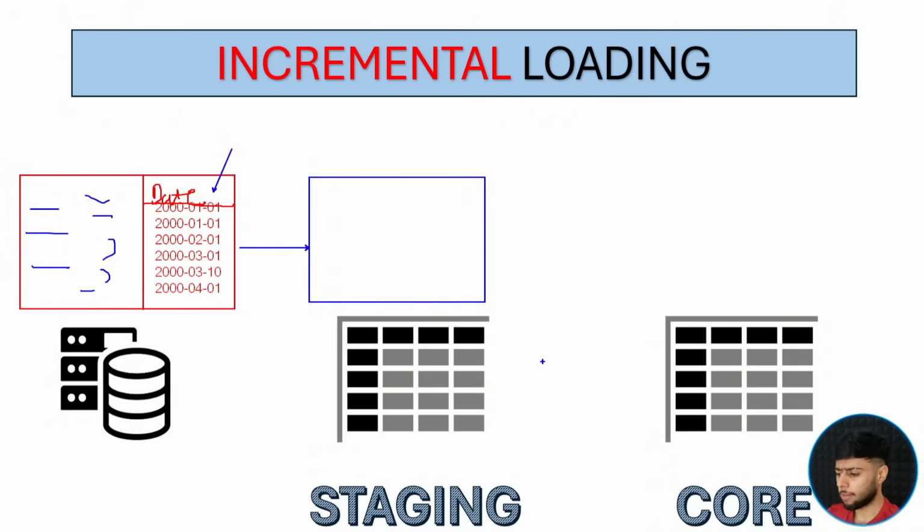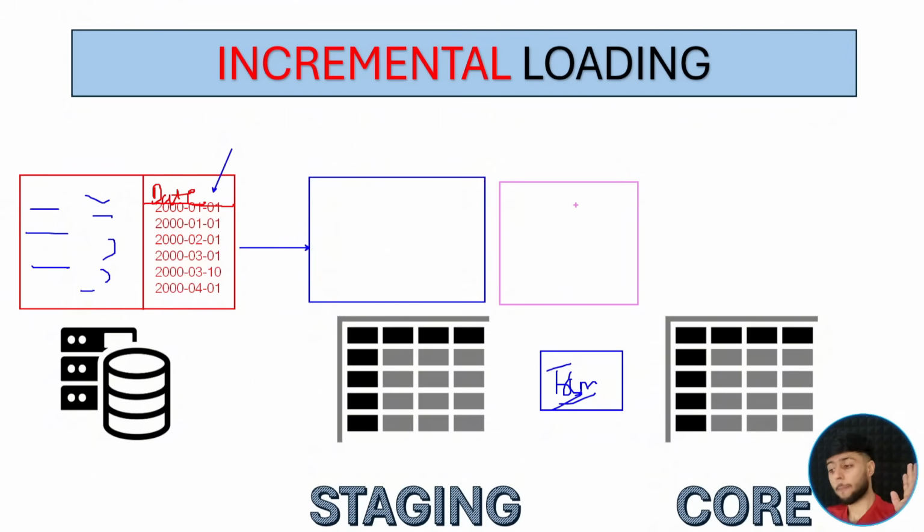Then I will apply some transformations. Let's say I added some columns and aggregated some data, and this is my transformed data. Then I will push this data to my core layer. Very good.